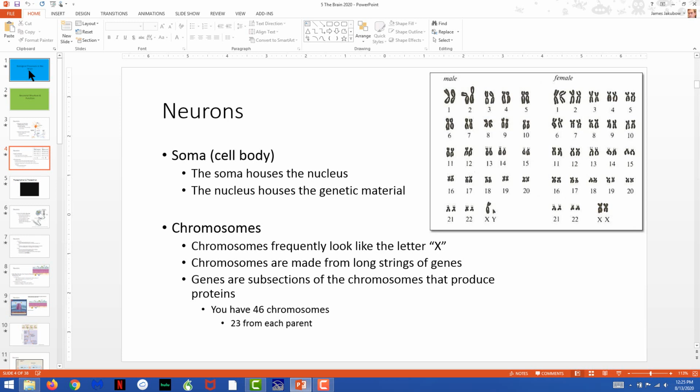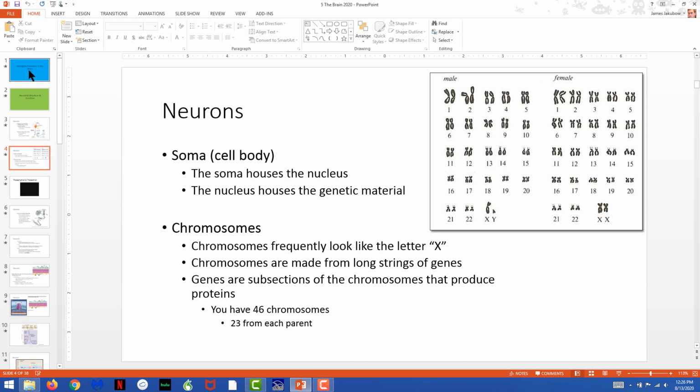So when you look at a cell and you zoom in on it under a microscope, you can always find the soma easily because the soma is always the swollen section of the cell. And if you zoom in on that swollen section, you'll eventually see the nucleus, which is going to be a circle because you're looking at it from above and it's really a sphere.